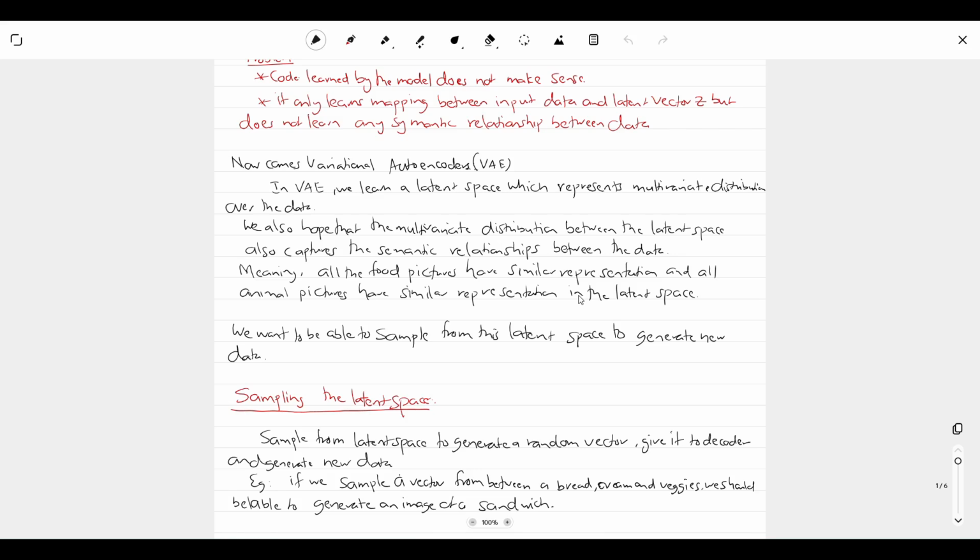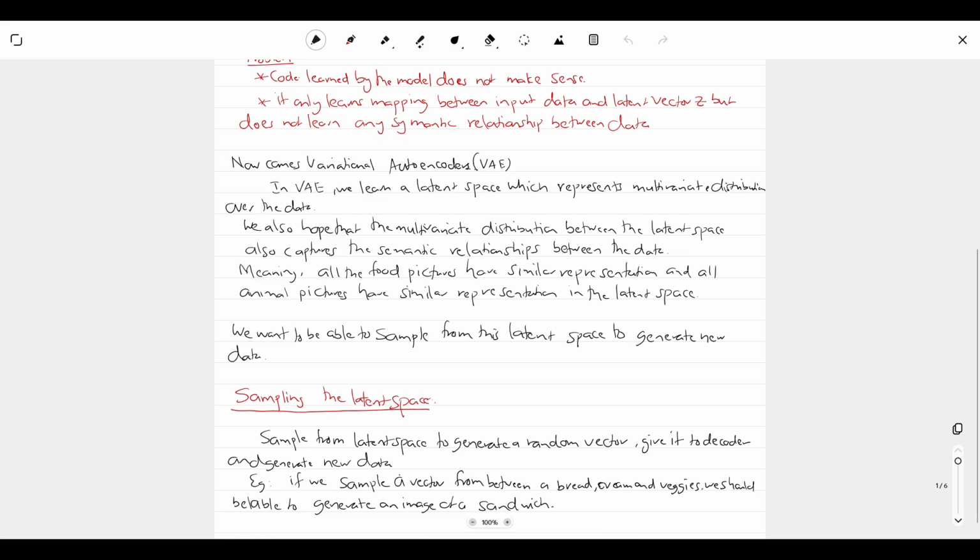We'll look at the key goals here. The first is the semantic relationship, meaning we hope that this multivariate distribution captures the semantic relationship between data. For example, all food pictures should have similar representation, and all animal pictures should have similar representation in the latent space.